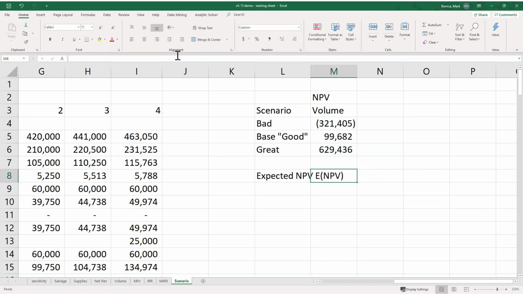Our expected NPV. What do we need to decide about in order to get our expected NPV? What other data? What other assumptions do we need to make in order to get our expected NPV?